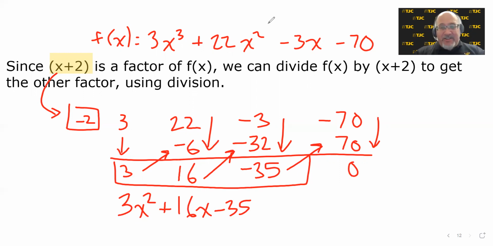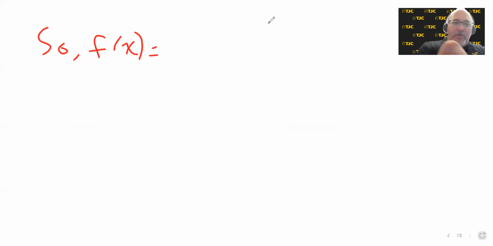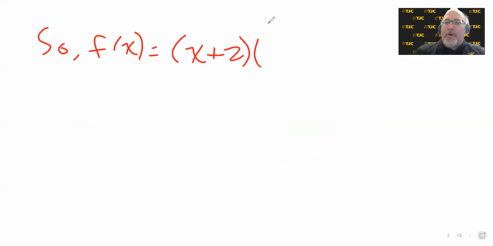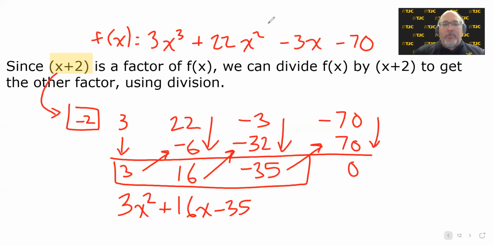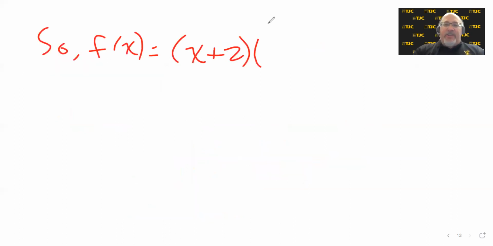So what does this tell us? Well, this tells us that f of x is equal to x plus 2, which is what we divided by, times 3x squared plus 16x minus 35, from the bottom row 3, 16, negative 35.